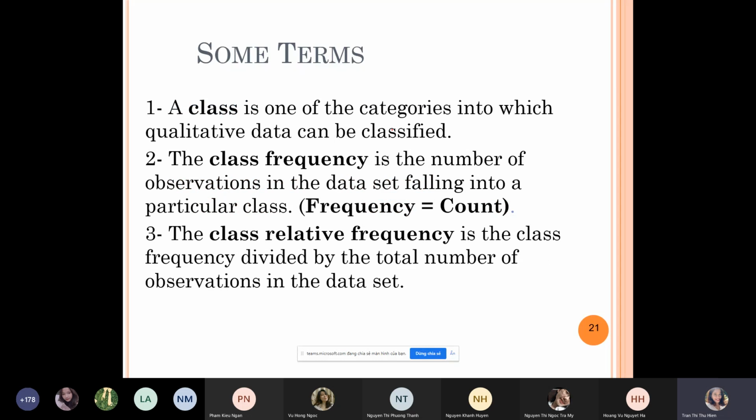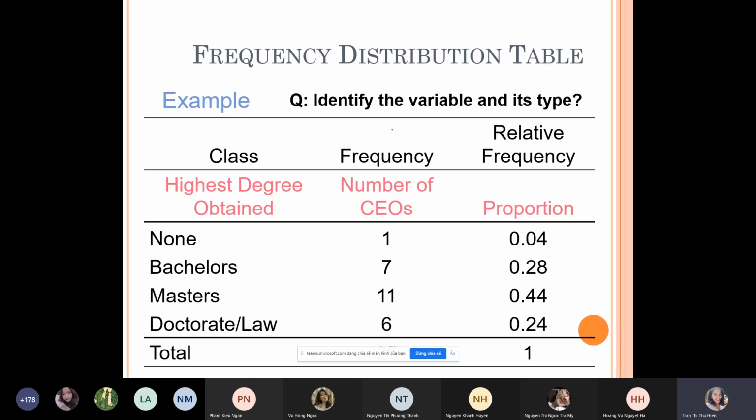Okay, so when you follow these steps, we know the way to collect the data. After that, when you look at the table, is it the frequency, relative frequency, or proportion?